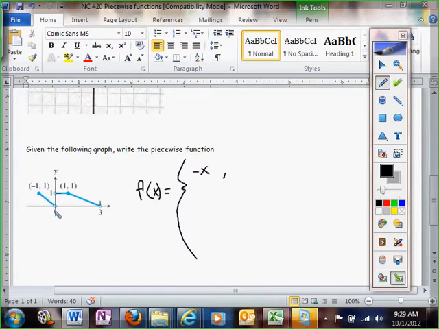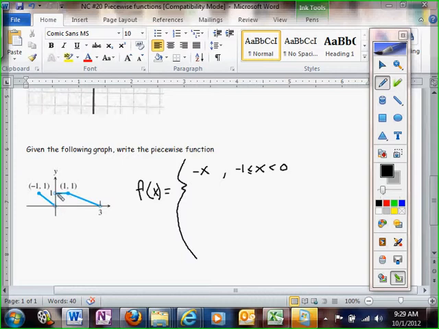And then it's going to be less than 0 because I have an open circle right here. So my domain is going to be x is greater than or equal to negative 1 and less than 0. Again, it's greater than or equal to negative 1 because I have a filled in dot here, and it's just less than 0 because I have an open circle here.